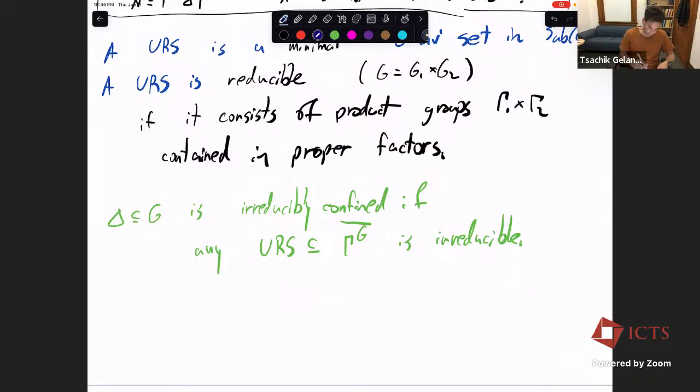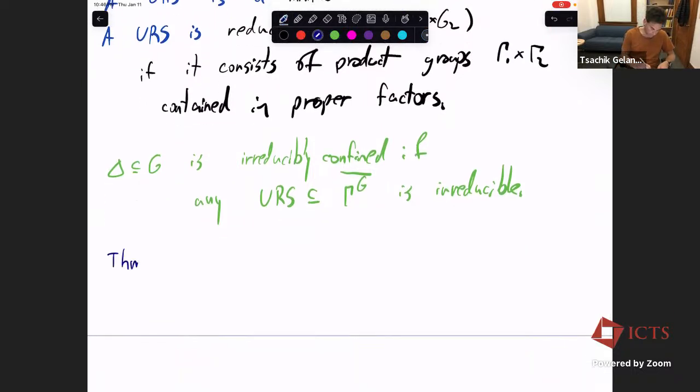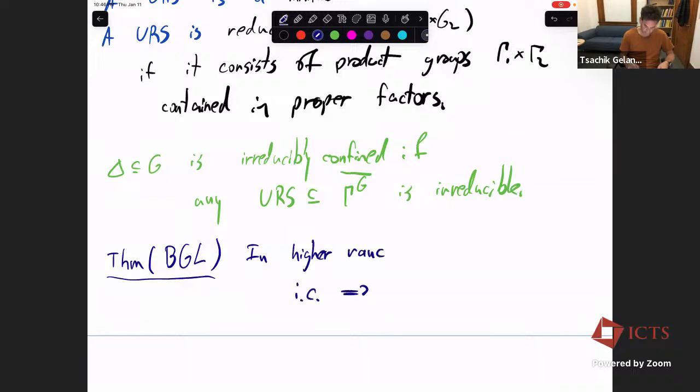And the theorem that we proved with Uri and Aryeh, the theorem that we proved in higher rank: irreducibly confined is equivalent to irreducible lattice.